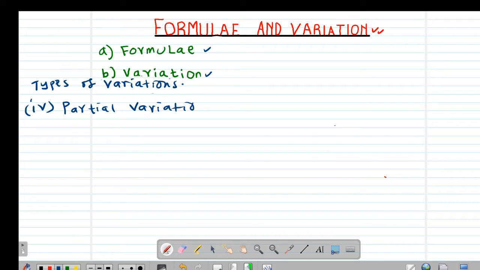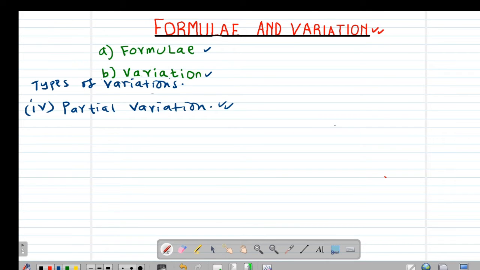But this one we are going to discuss after we have dealt with the other three types of variation. I'll give you the key terms that you need in partial variation, and we'll be looking at examples on it. For the time being, let's first of all look at joint, direct, and inverse variation.